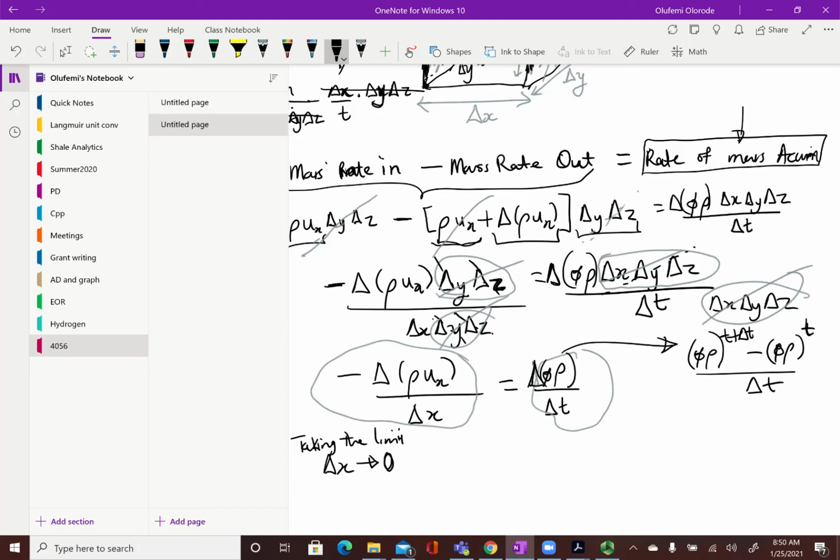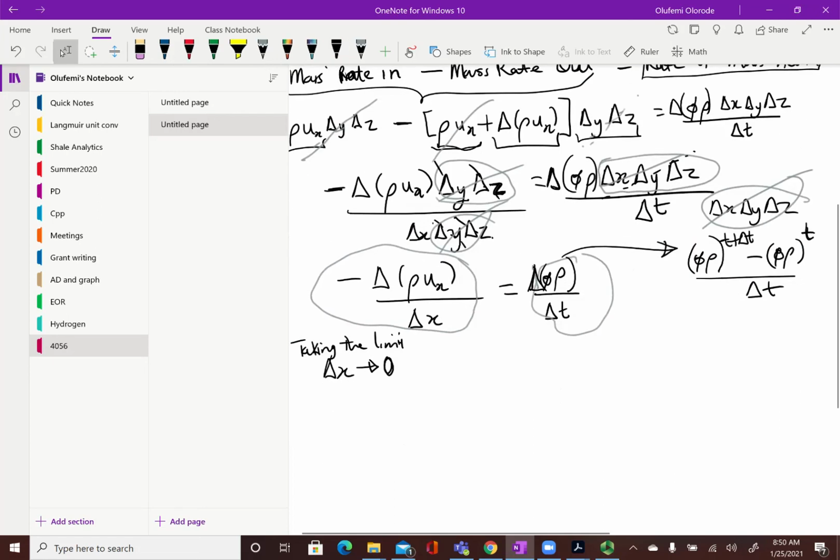So just to make that clear, we're looking at a change in the density of the fluid moving through the system, right? And so when we take these limits, when delta x tends to 0, and also when the time step size tends to 0, that's precisely what delta t is.